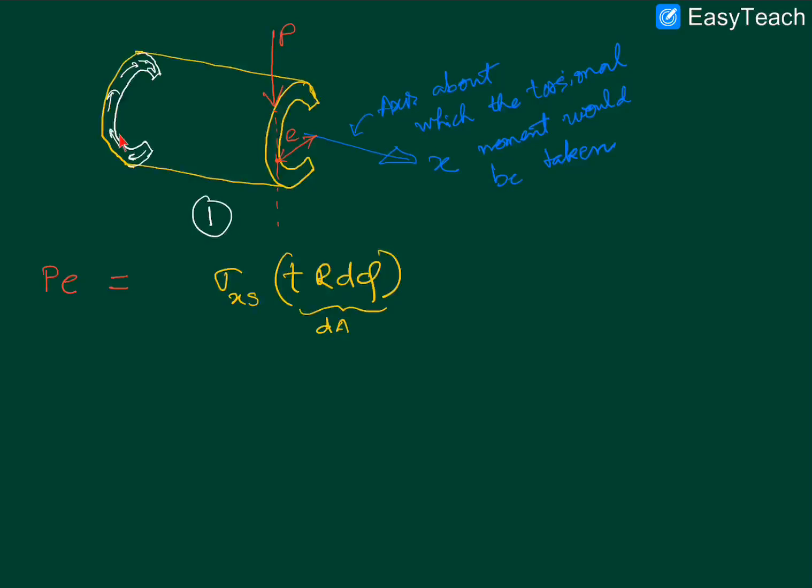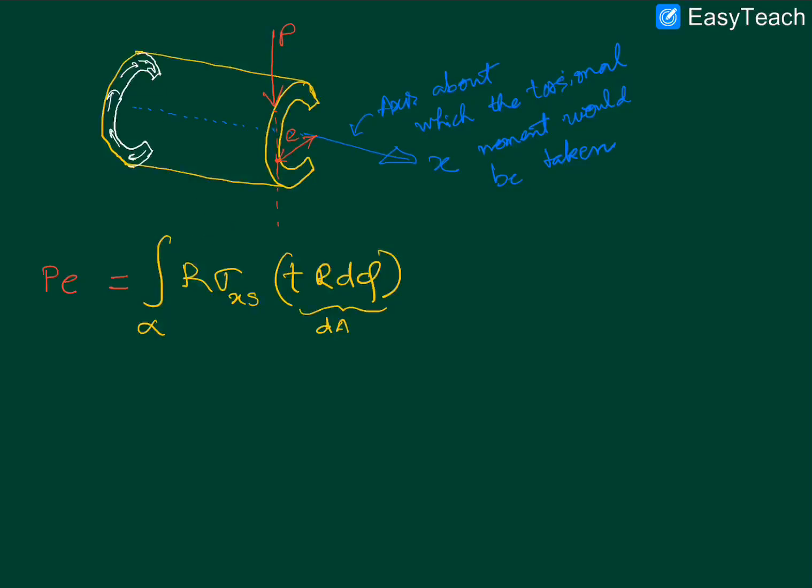You see what is the distance of any of these little elemental forces that will be present at any point of this cross section. If we just extend the x-axis backwards, it will be here. So about the x-axis, the moment arm would be nothing but capital R. So this entire thing has to be calculated going from one end to the other end.